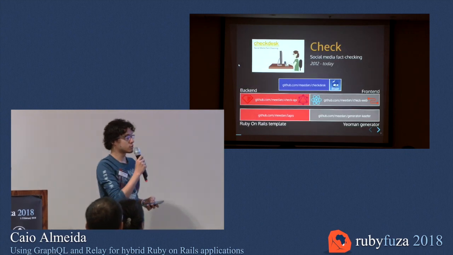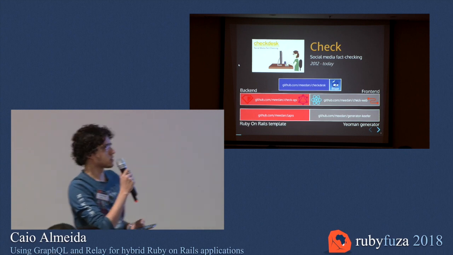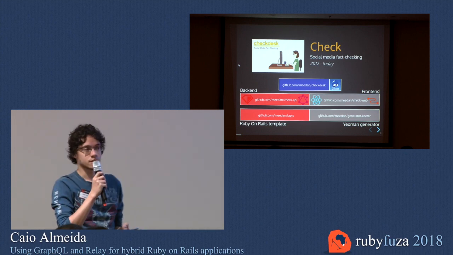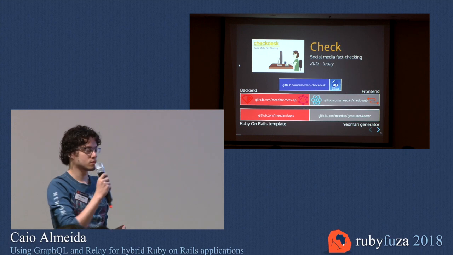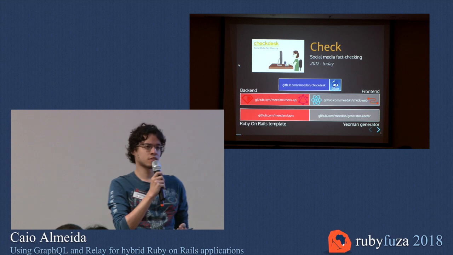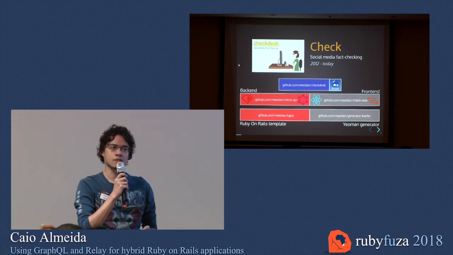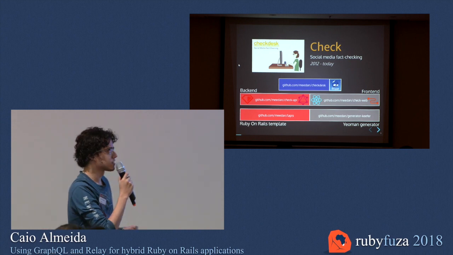So we have this tool for fact-checking fake news since 2012. So it's a pretty old software. It used to be a Drupal monolithic web application in PHP. So you can imagine how hard it is.